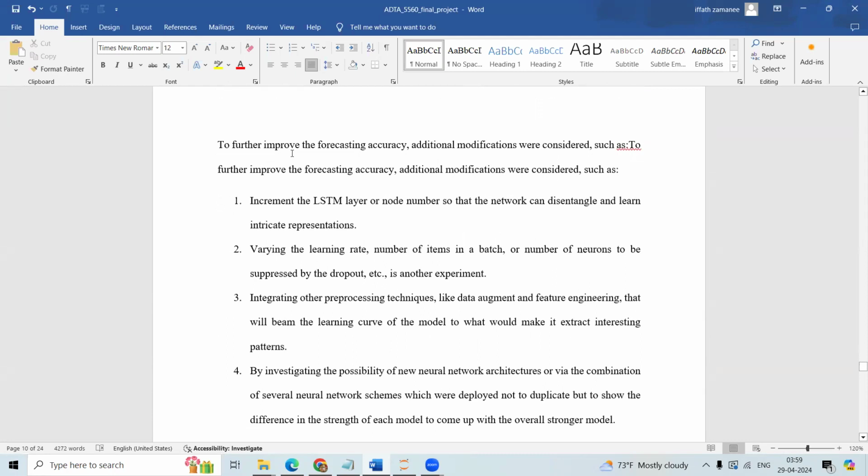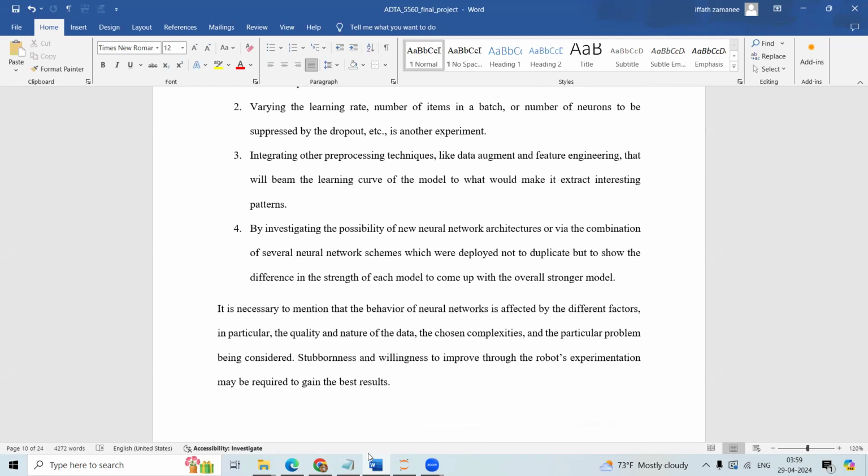To further improve the forecasting accuracy, increase the LSTM layers or node numbers so that the network can learn intricate representations.